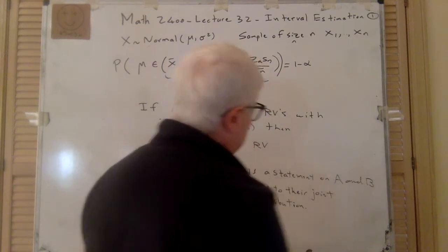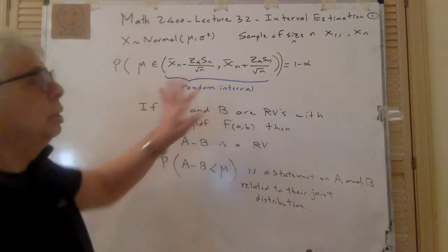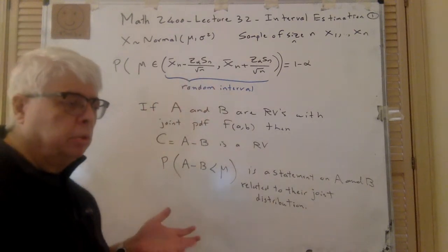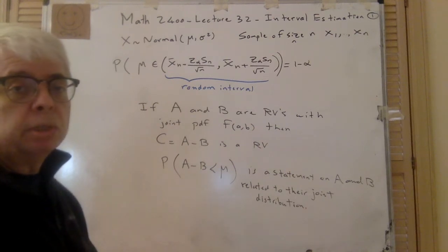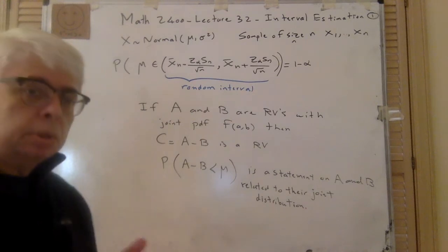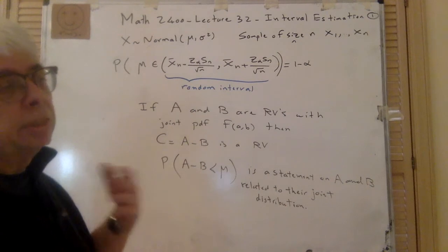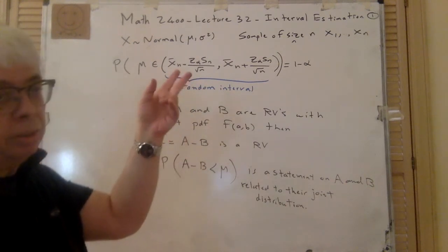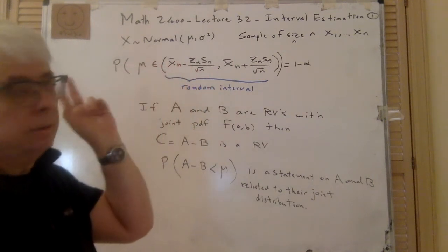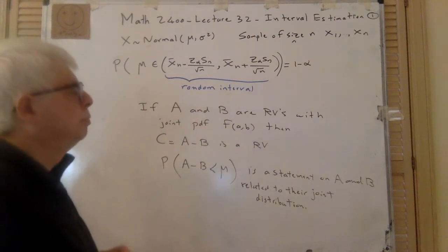Okay. So it is important to realize what we are doing, or at least to realize that this interval is random. When you do an experiment and find these numbers, and you come up with an interval, that is the interval you have found. That's what that team of research scientists, who sampled x1 up to xn, has found in one experiment.